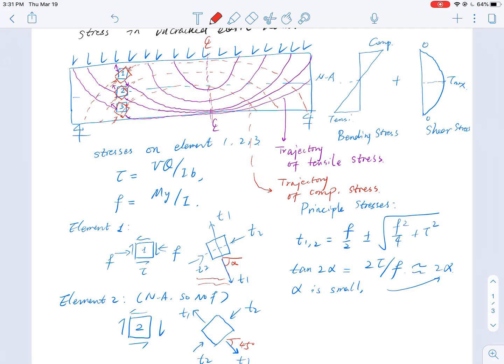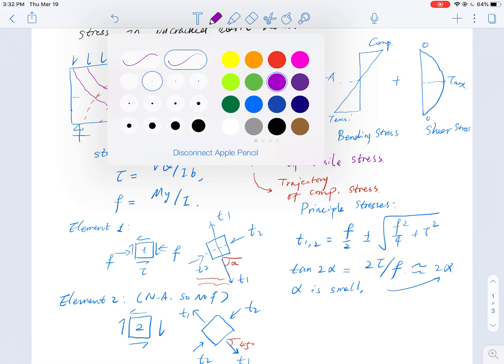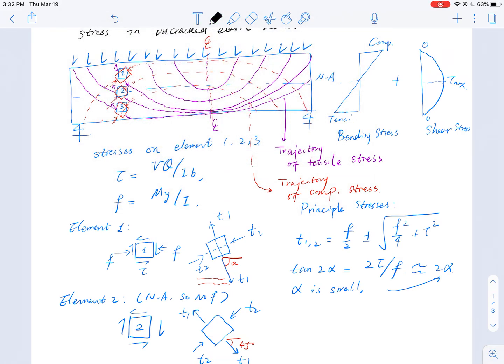Right? So now you can see if I have the trajectory of tensile stress going this way, as in purple, okay? Imagine my crack is going to be what? My crack is going to follow the perpendicular plane. I'm going to use black.